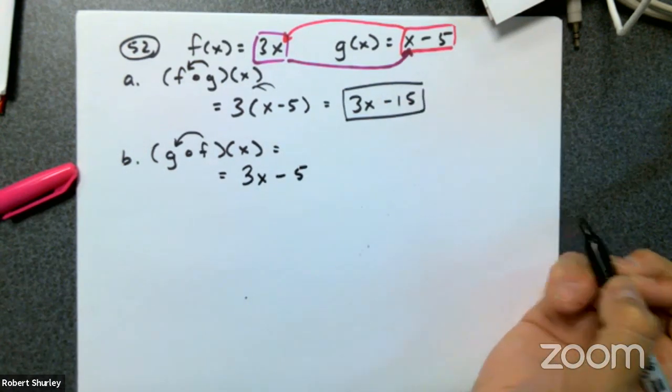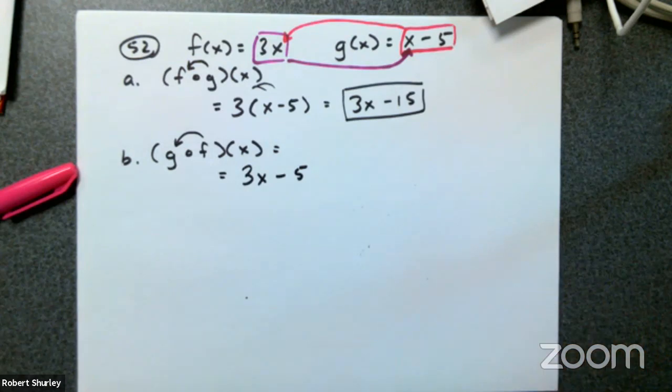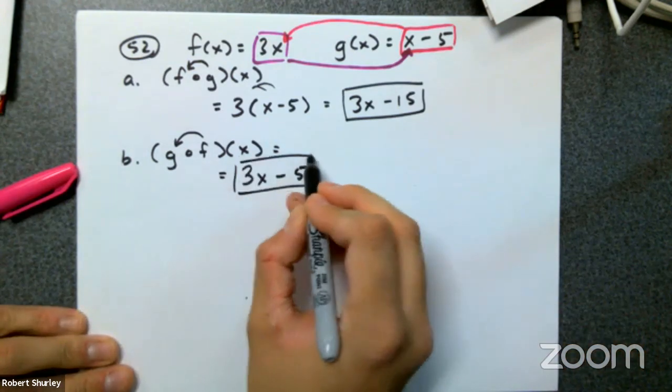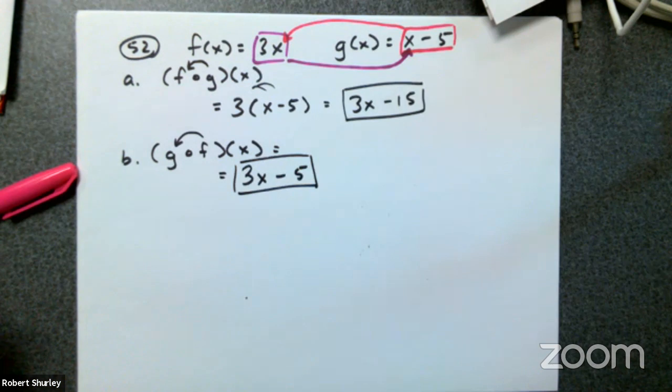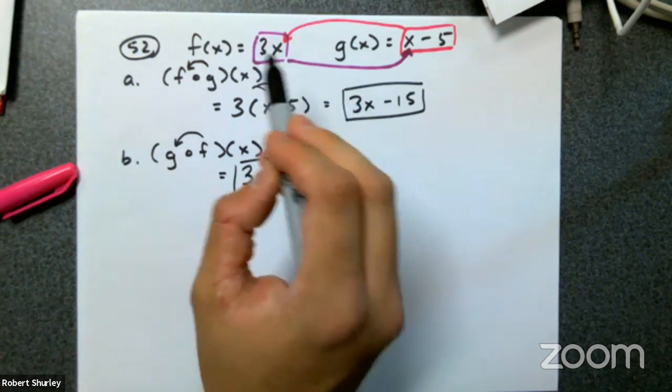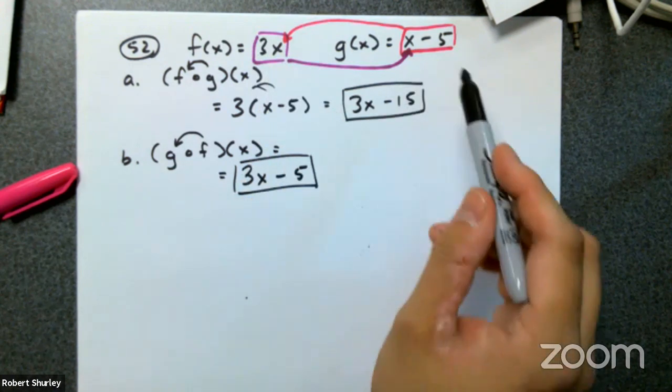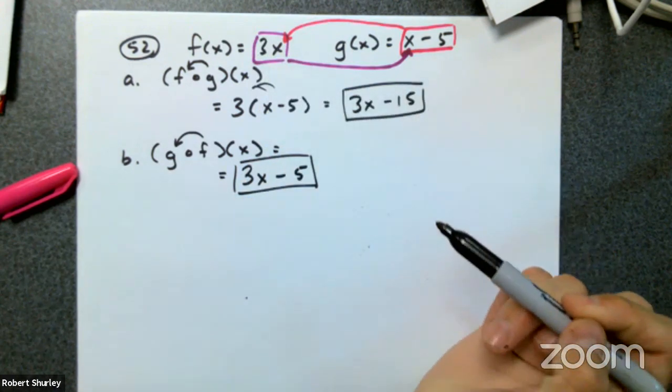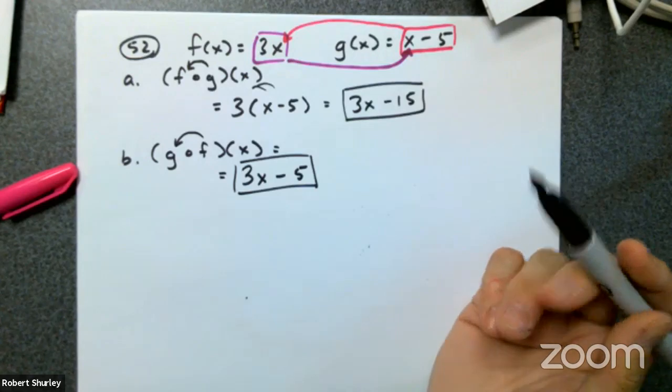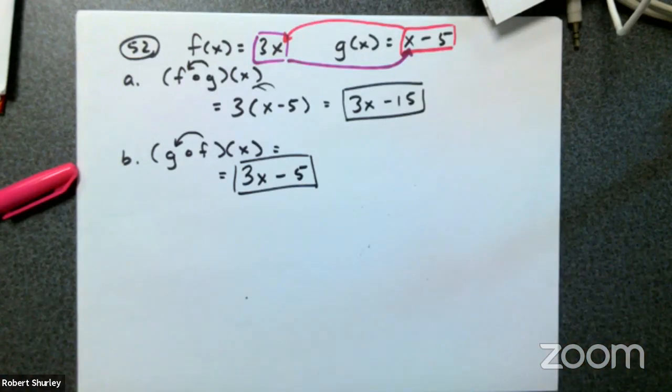Okay, that's it. 3x minus 5. We can't go anywhere else. Can't add the 3x to the 5. We're done. So we put the f value, this 3x, into the x. Now, if there were multiple x's, we'd have to put it in multiple x's, and vice versa, okay? But that's just how it is.